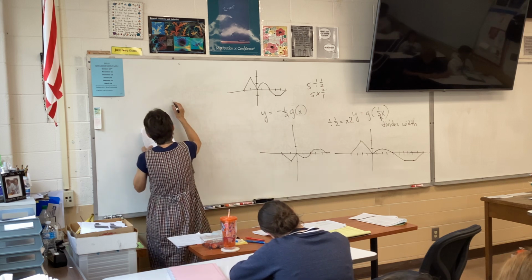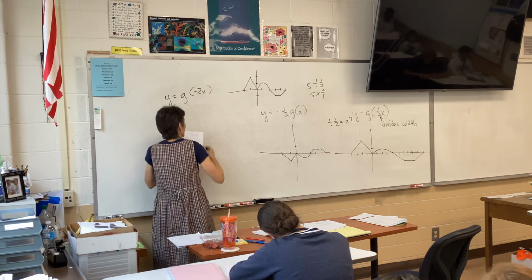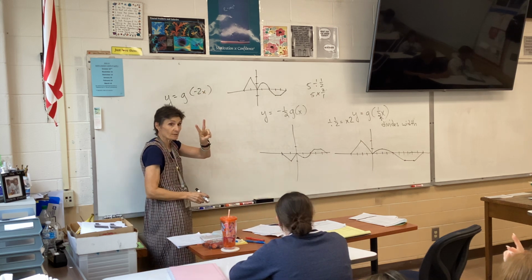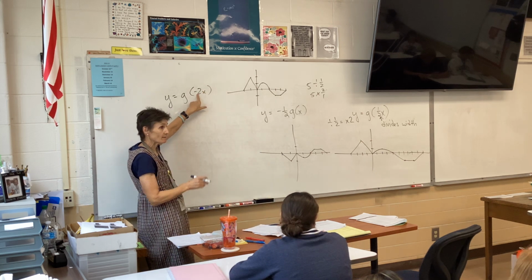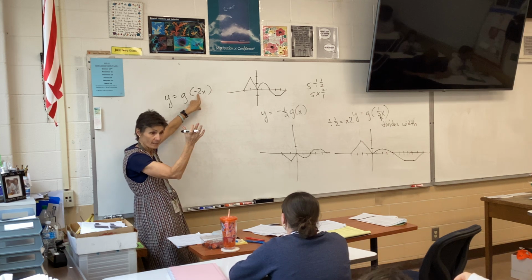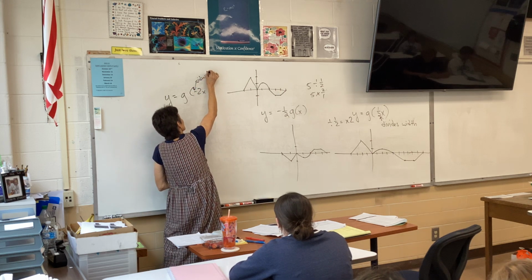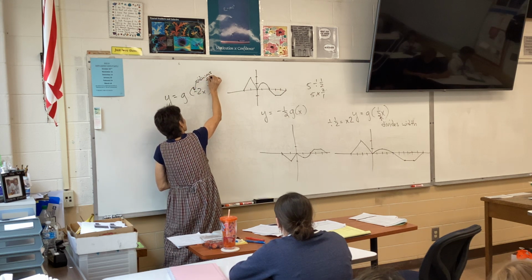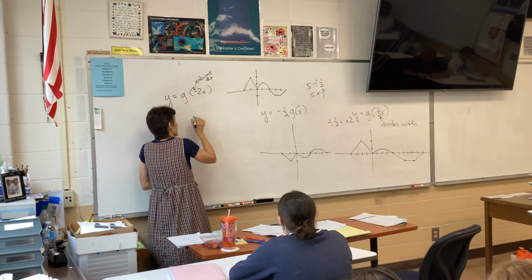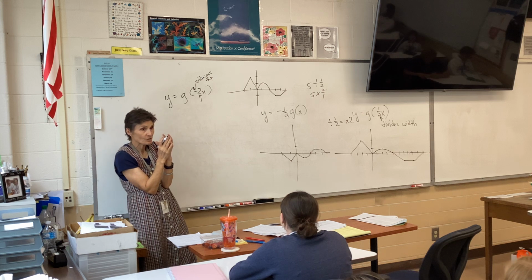So tell me what's happening in this problem. Well, two things. What does that negative do? Pay attention to where it is. That negative is a sideways flip. And what does a coefficient inside the parentheses do?